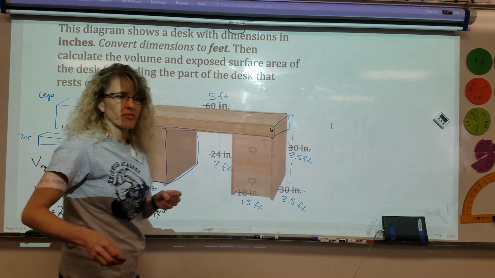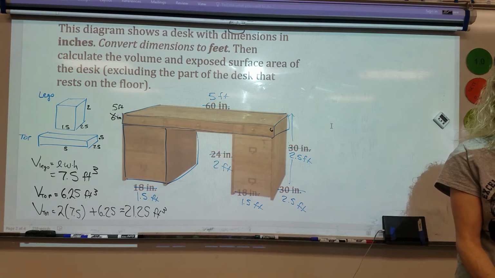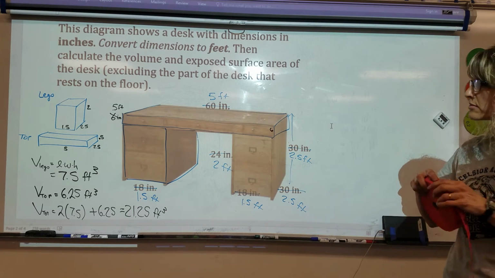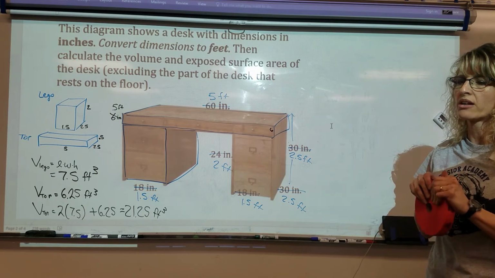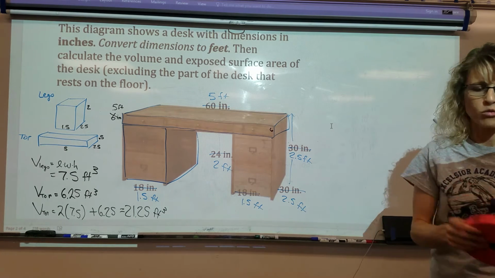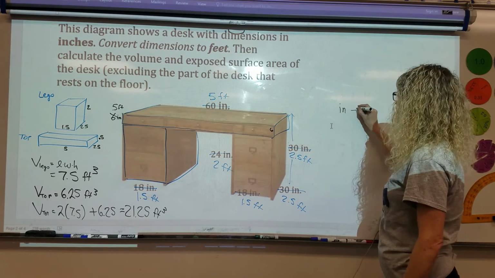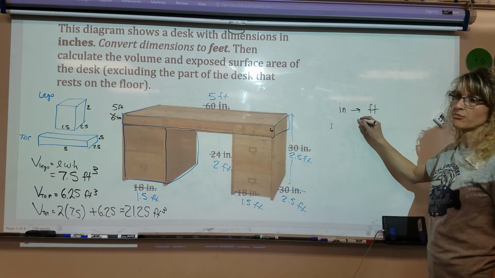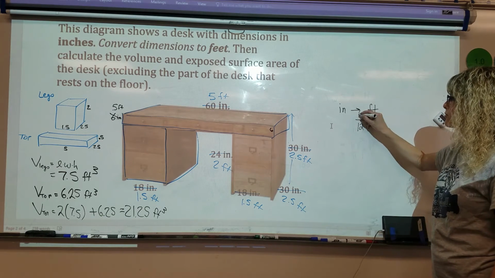Kaylee. If you calculated the volume first and then you divided it by 12, does that still work to get feet to convert the inches? Almost. If you're going to convert inches to feet, you would divide by 12 inches, right? So you'd have feet on top, 1 foot, 12.